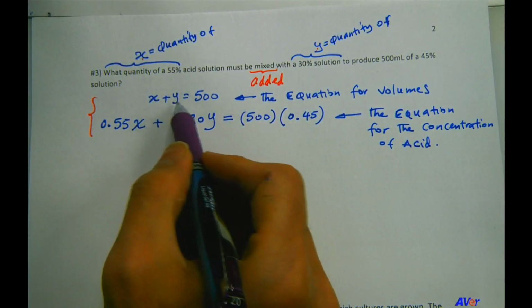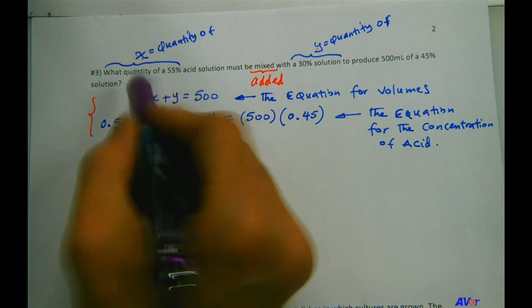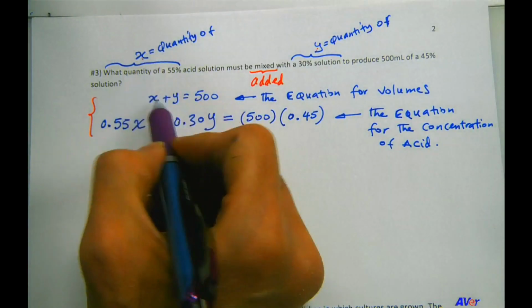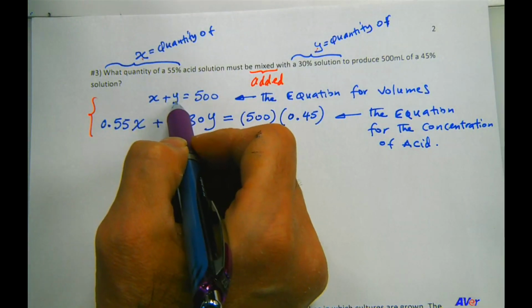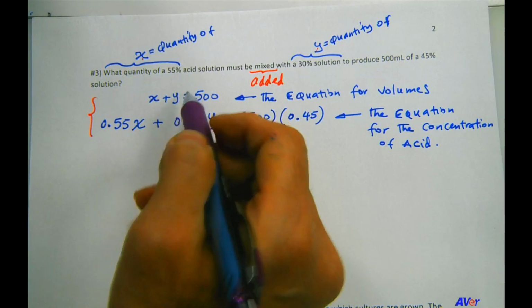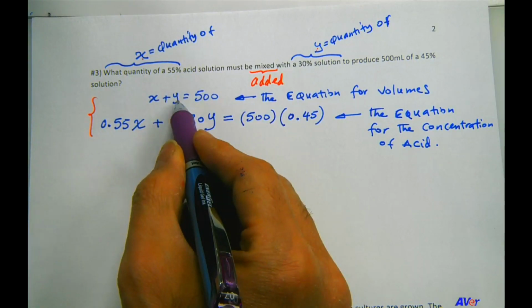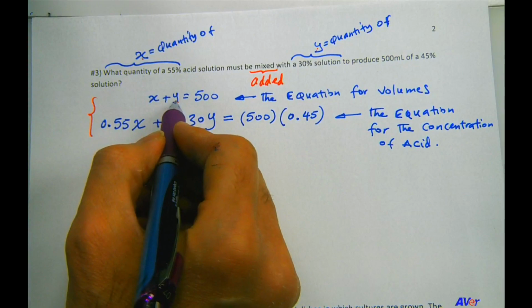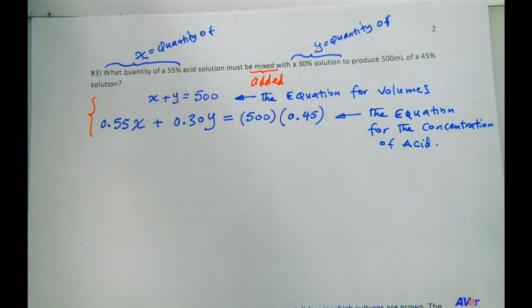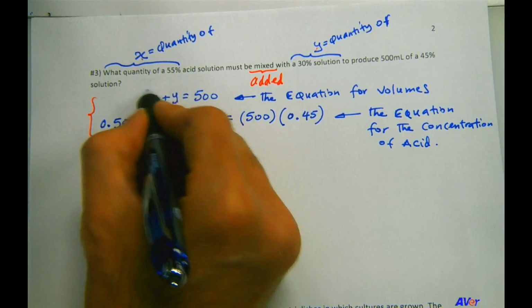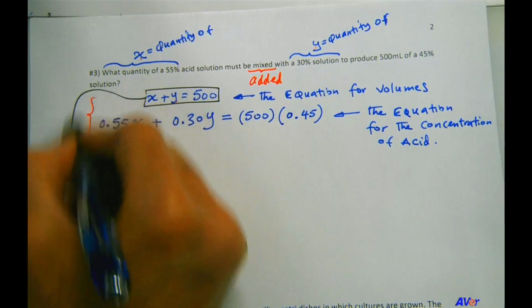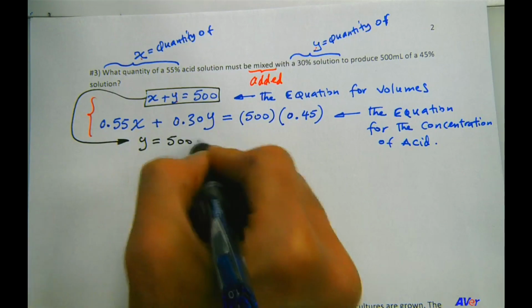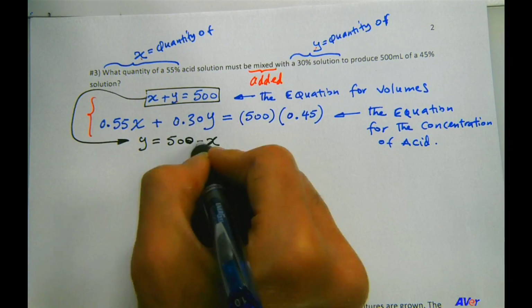Because they're asking what quantity of a 55% solution, which is X, I want to eliminate the Y term. So for that reason, I'm going to solve for Y in terms of X, because I'm looking for X. I don't want to eliminate X. I can eliminate Y. So then Y is equal to 500 minus X, right?